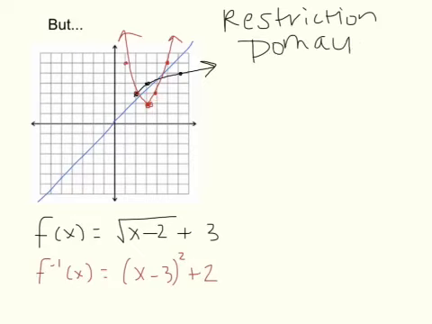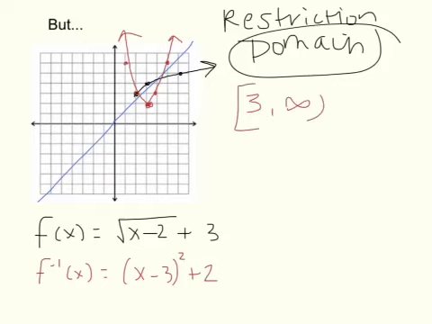We make a restriction by saying that the inverse of this radical function is this, but only at a certain domain, only from here to infinity. So there's a couple ways to do that. You can look at this and you can see this is at 3. So from 3 to infinity, that would be the domain that we want. Another way, you could also write it as x greater than or equal to 3, depending on the notation you want.